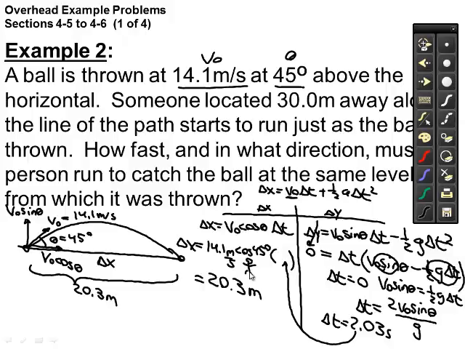You'd have to be moving, but it's within the realm of human beings anyway. We're not asking him to be a car. He'd be a pro athlete, yeah. So his velocity is 30 minus 20.3, which is going to be 9.7 meters, and he has to do it in a maximum time of 2.03 seconds.